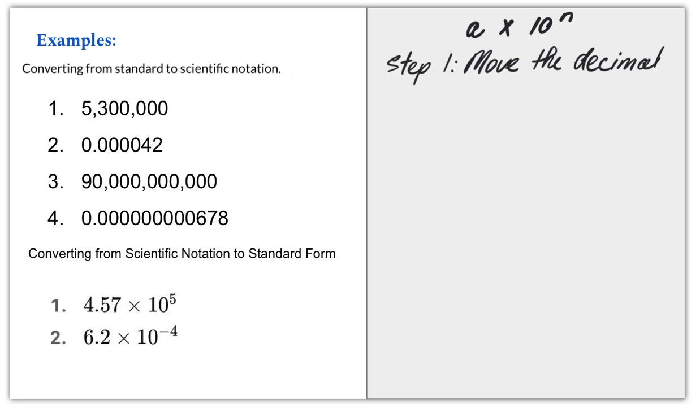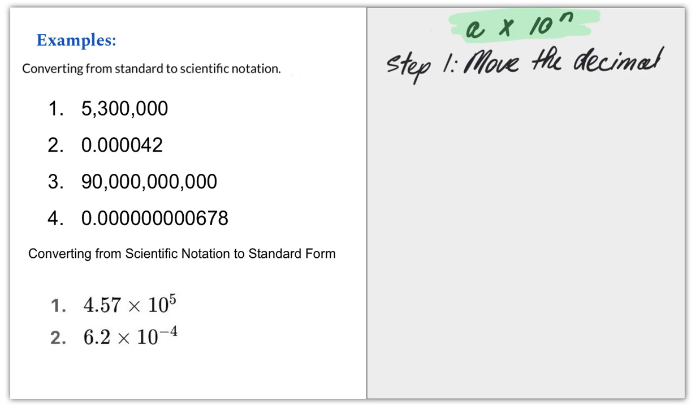Here's our first example, 5,300,000. I've written our example here, the formula, and how we're going to use it. Our first step will be to move the decimal, because we're looking for a number that's between 1 and 10.